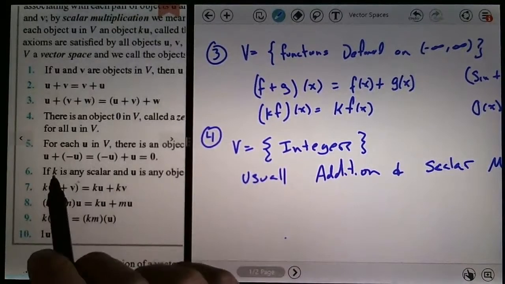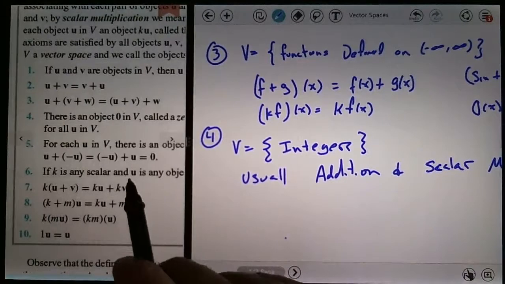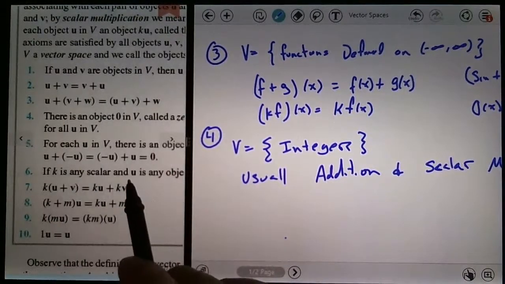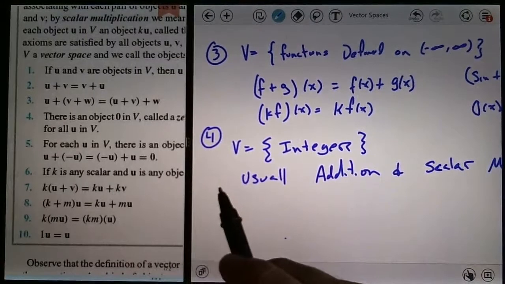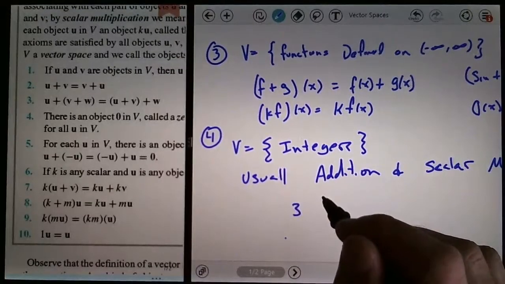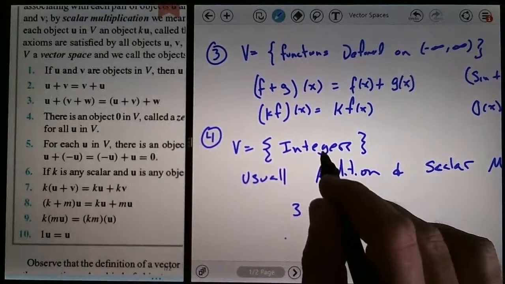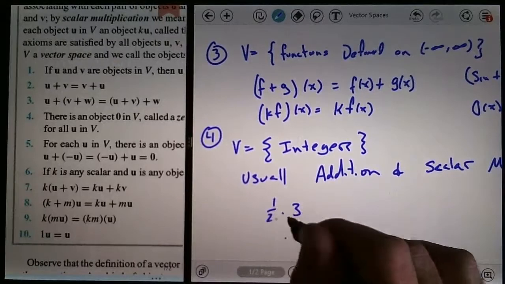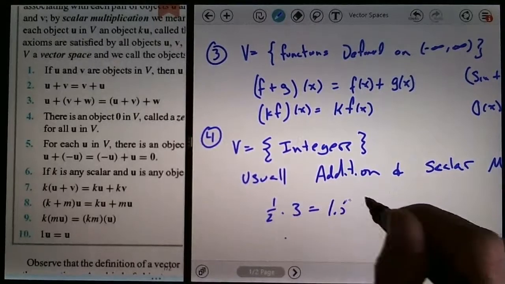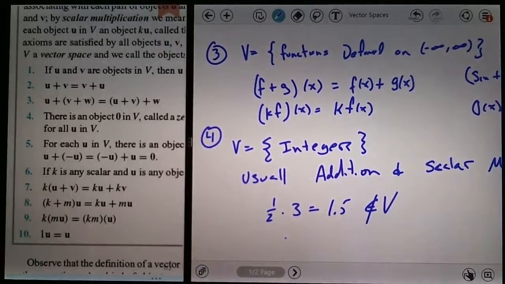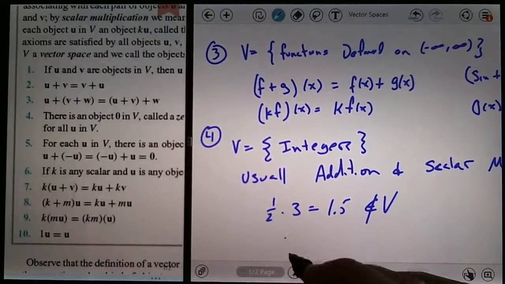Sure, they're in there. If k is any scalar, is scalar multiplication closed? Uh-oh. If I take an integer like 3 and I multiply it by any real number, do I get another integer? And the answer is no, because I can multiply 3 times a half and I get 1.5, which is not an element of V. So this is not a vector space.